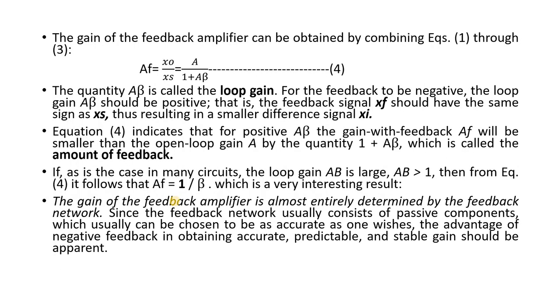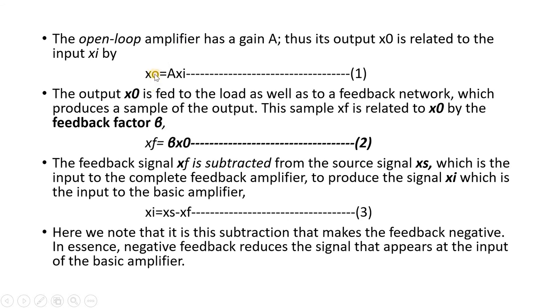Then how can we calculate the gain of the feedback amplifier? It is x naught divided by xs. If you substitute, x naught is equal to A into xi, right? Xi is nothing but xs minus xf. Xf you also write in terms of x naught, so all the equations will be in terms of x naught and xs.